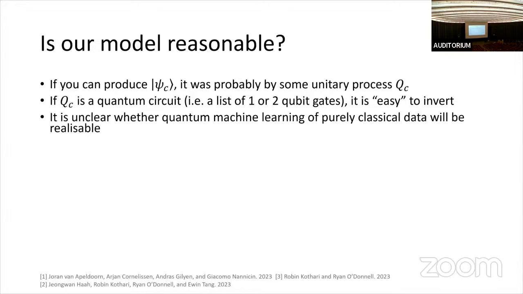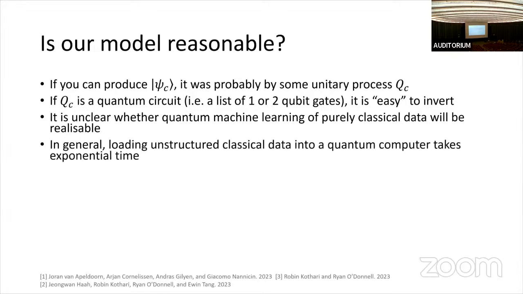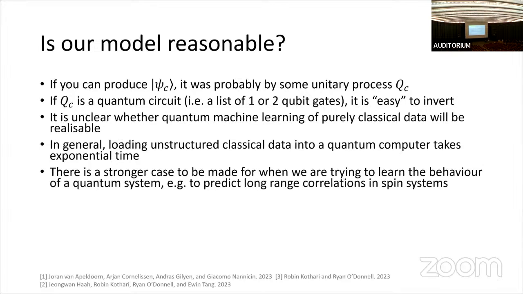I would say it's unclear whether quantum machine learning of just classical data is actually going to be useful ever, because of this problem that loading unstructured data into quantum computers probably takes exponential time. There's a stronger case to be made, I think, for when you're trying to learn classical data about inherently quantum systems. For example, if you've got a spin system and you're trying to learn correlations between spins at very distant sites, that's classical data, the correlation between 2 points, but it comes from an inherently quantum system.